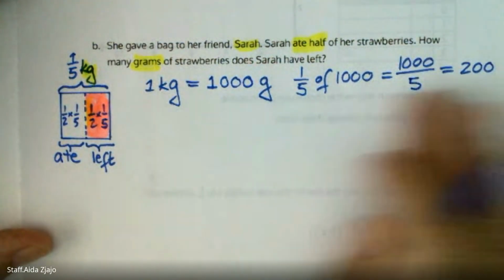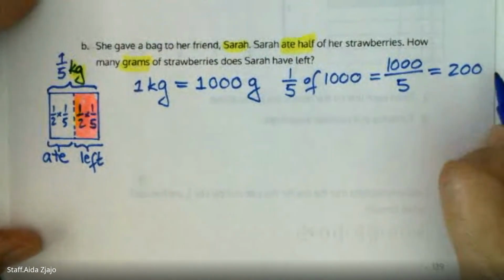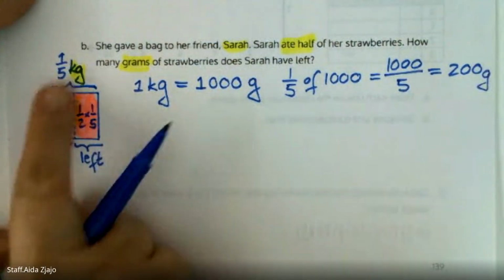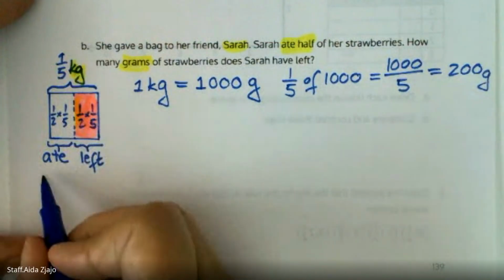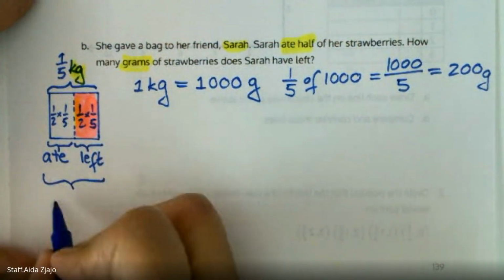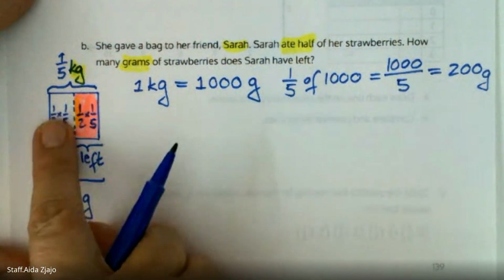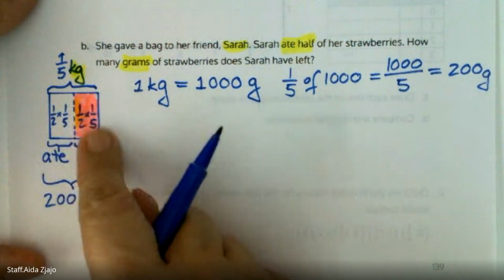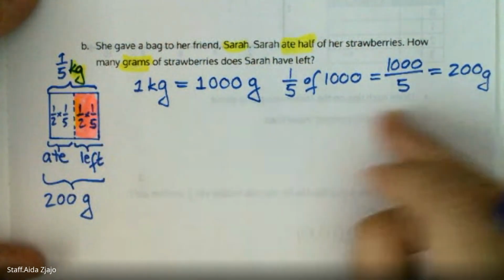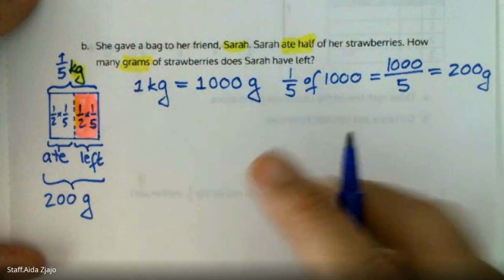So one approach is that the 1/5 represents 200 grams. So she ate 100 and then there is 100 left. So that is one way of seeing it.